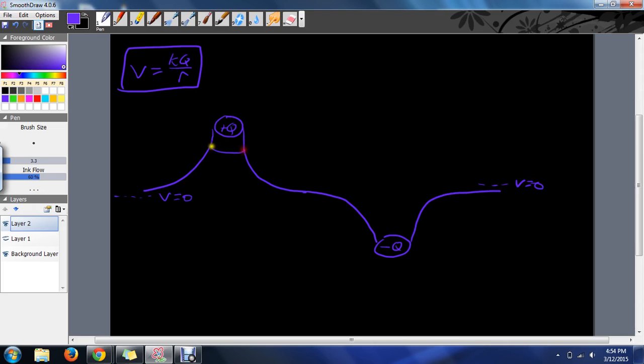And you can think of the voltage like height, like maybe this is 2V, and this is V, and this is V over 2. The farther away you get, the less the height gets as a 1 over r shape. And this is the analogous but negative value.